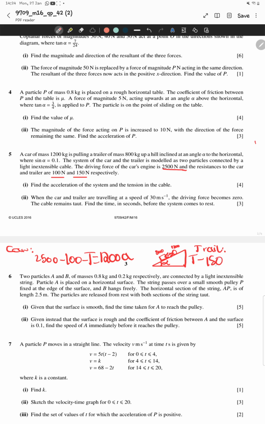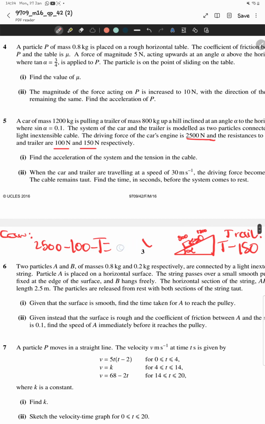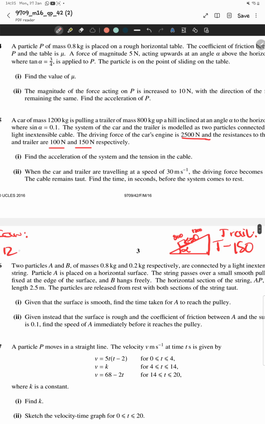Oh, yeah, there's also going to be the weight. So let me just rewrite this.